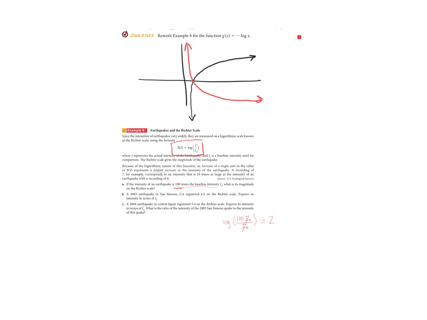Right? An earthquake in San Simeon, California, registered 6.5 on the Richter scale. Express its intensity in terms of I naught. So 6.5 equals the log, base 10, of I over I naught, right?